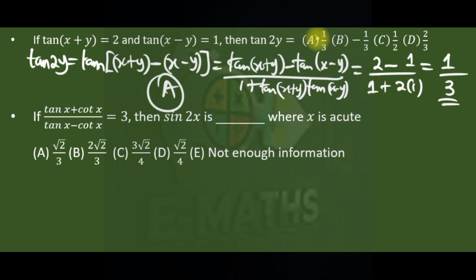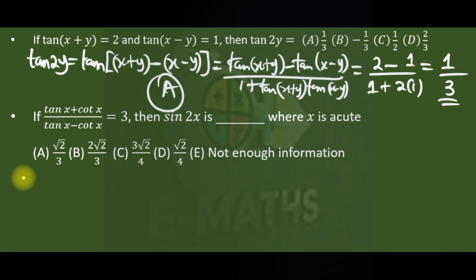So the next question, we are asked, if this is the case, then sine 2x is dash. There is what we call componendo and dividendo in ratio, because I'm seeing something to make it easy. Componendo and dividendo is what I'm going to use here. It's another term in ratio, but it's very easy to use so that we can solve faster.